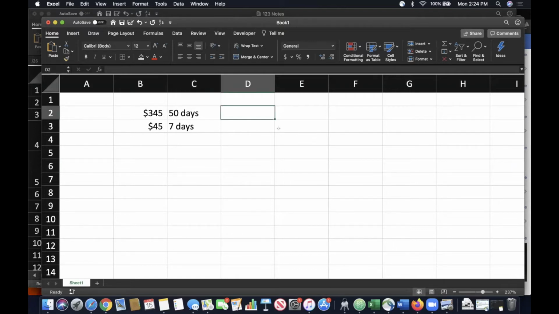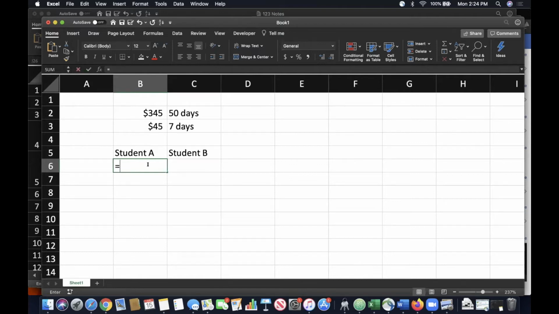And then we can use that to set up ratios to see student A versus student B. It's hard to compare them directly because they did it for a different number of days. But if we make a ratio of dollars to days, then that gives us how many dollars per day they're spending.